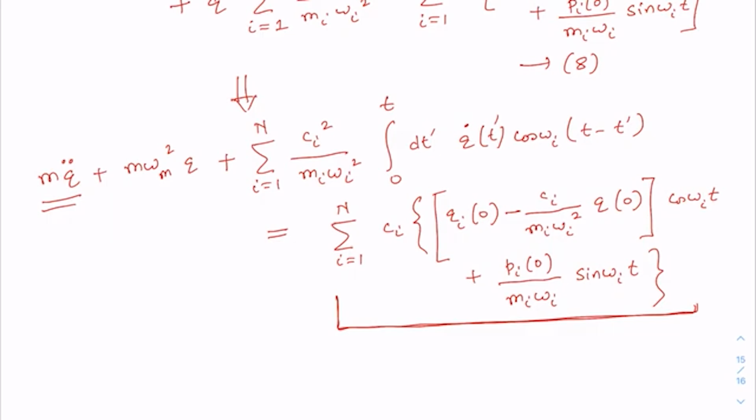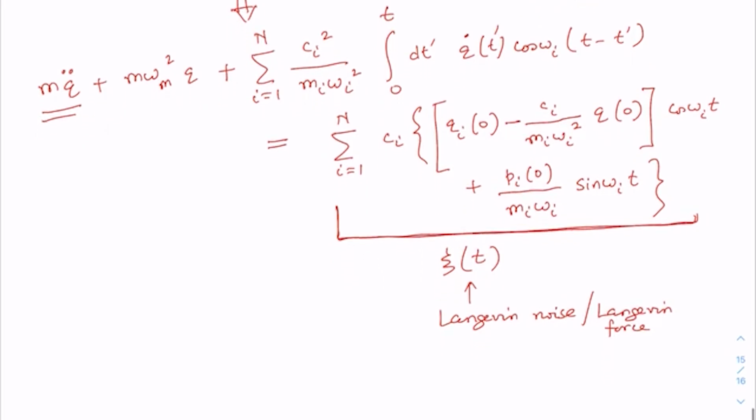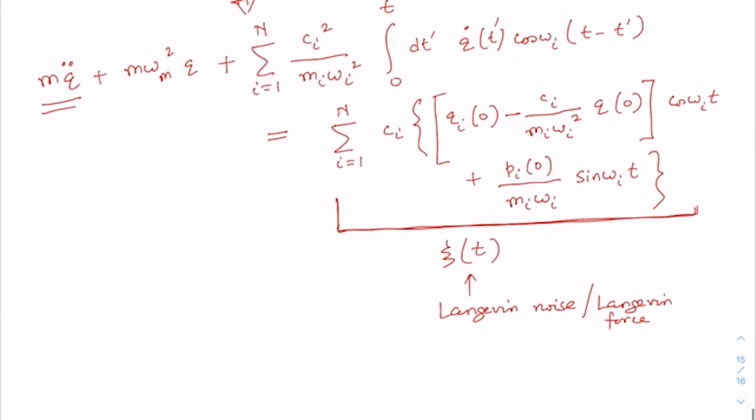This is known as the Langevin force, and it is denoted by the symbol xi of t, and it is called Langevin noise, or also Langevin force. It arises completely due to the surroundings.